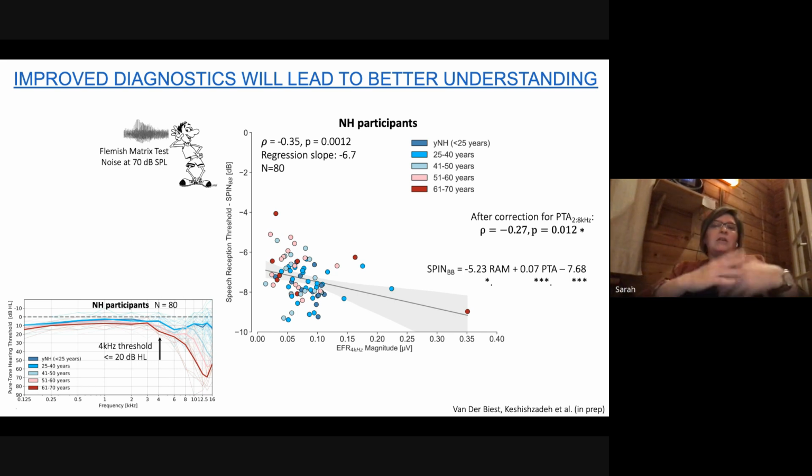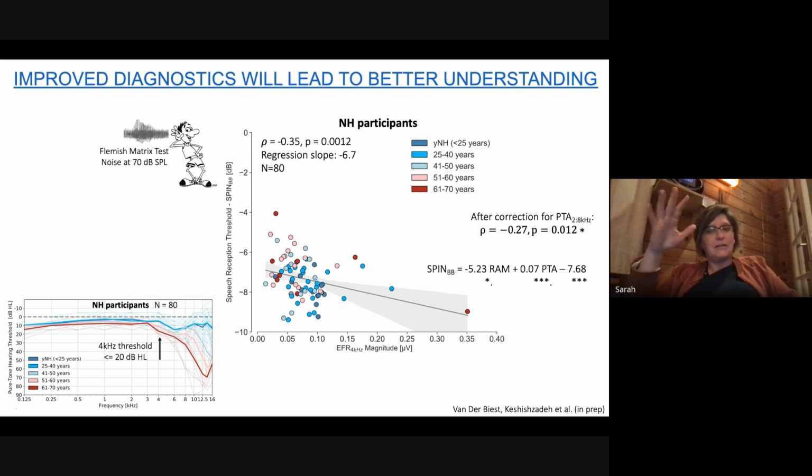So that's where we have to really look at good diagnostic markers, and how they contribute to the perception. I'm not sure that there is a one-on-one marker at this moment that gives you a predictor of a complex sound perception element, but it's definitely there.